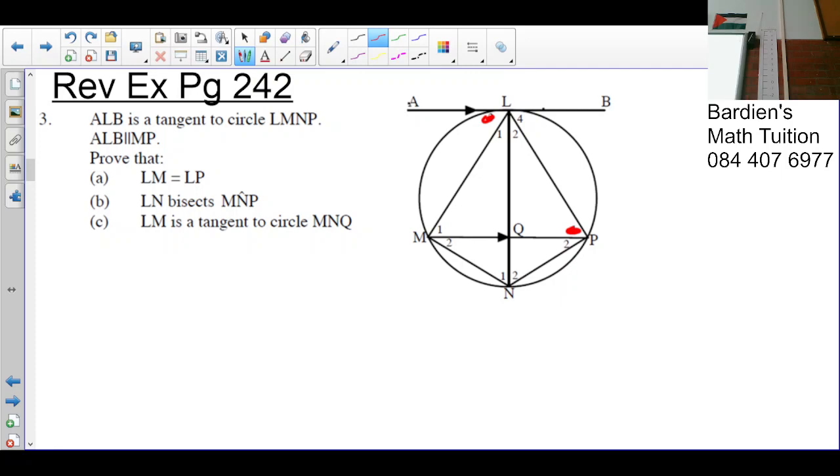Then we are told that ALB is parallel to MP. Lines are parallel, what do we know? Alternate angles are equal. So that angle is also equal to that same marking there. Which then in turn means what? That LM is equal to LP. Why? Sides opposite equal angles.